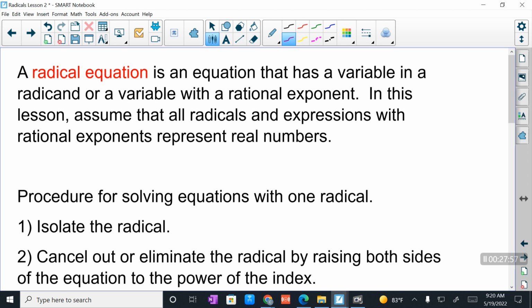We've worked with equations with radicals already. How do I get rid of a square root? By raising it to a power of 2. Very good. And I get rid of a cube root by raising it to a power of 3, and a fourth root by raising it to a power of 4. Whenever I raise a radical to the same index, I cancel out the radicals.